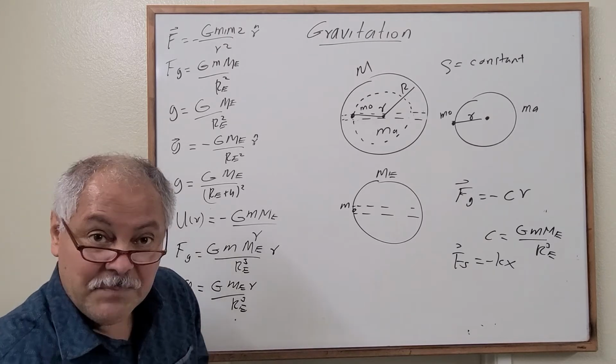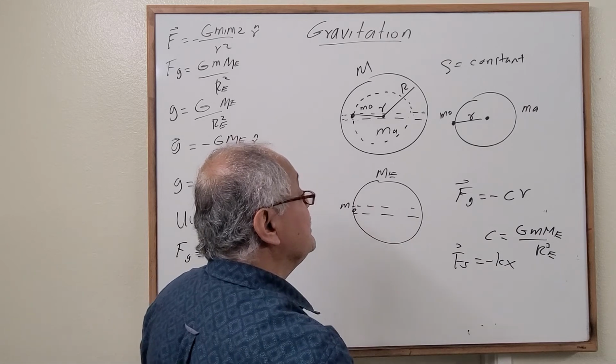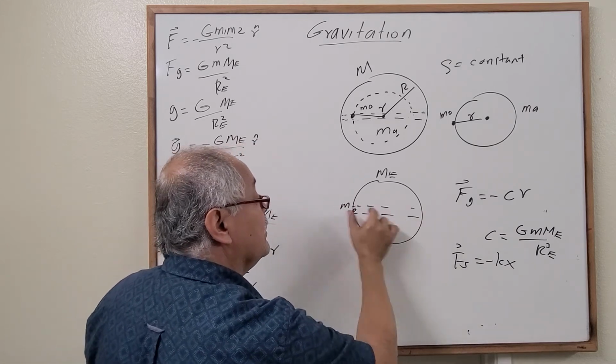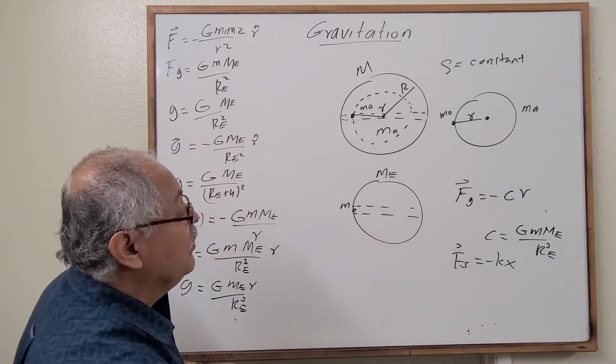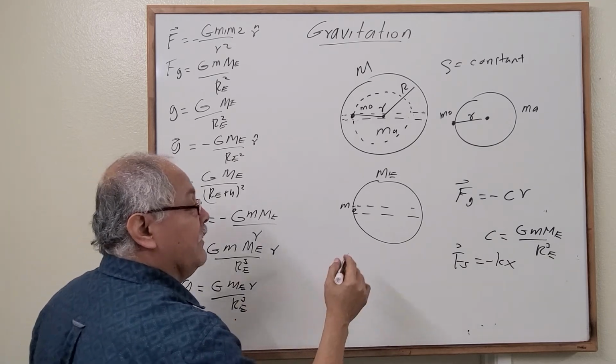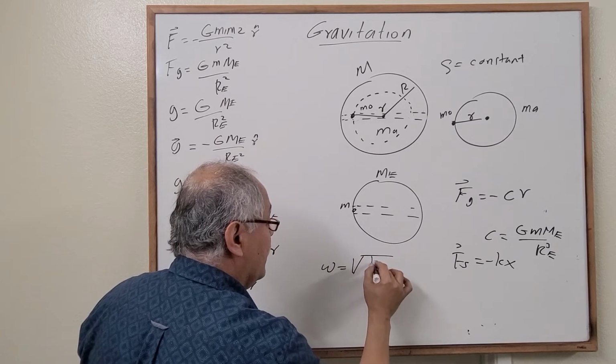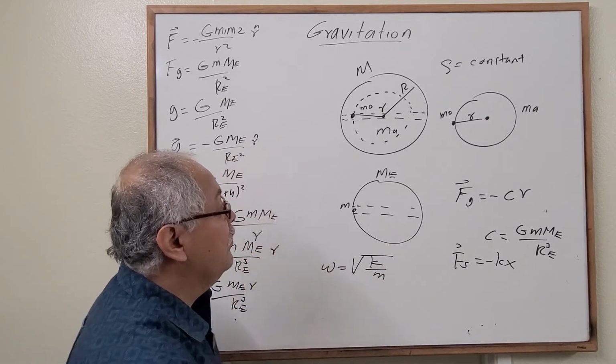Also, we can calculate the period for this mass inside of the Earth. Let's do it. For example, what do we have? We have that omega is equal to the square root of k over mass. This is for the spring, okay?